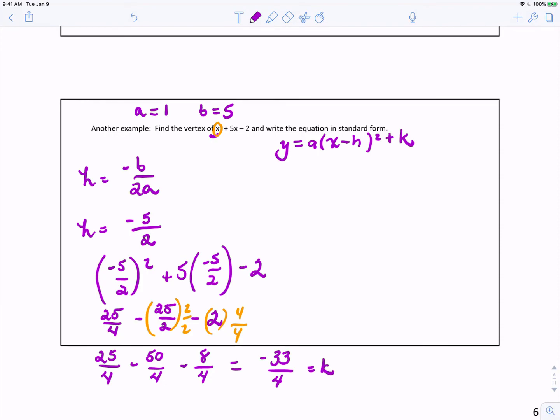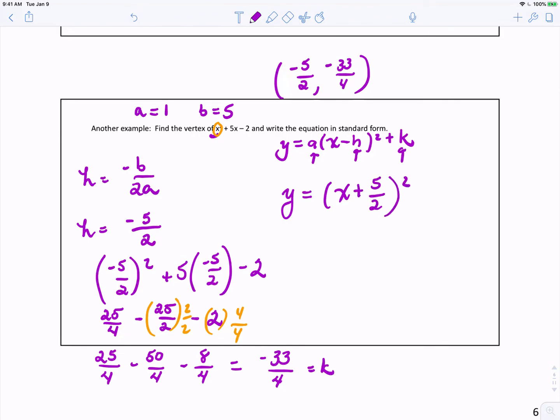So the vertex is going to be found at negative 5 halves, negative 33 over 4. So all we have to do to write the equation is fill in the values. We already know that a is 1. We just found h. We just found k. So the equation would be 1 times x minus negative 5 halves. In other words, x plus 5 halves squared. And then we add on k.